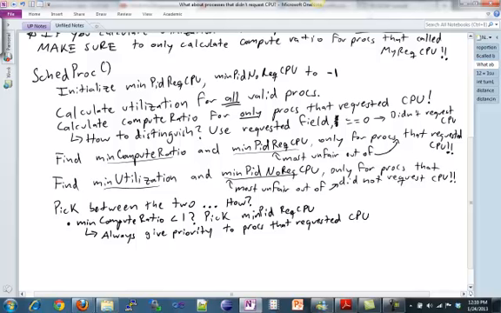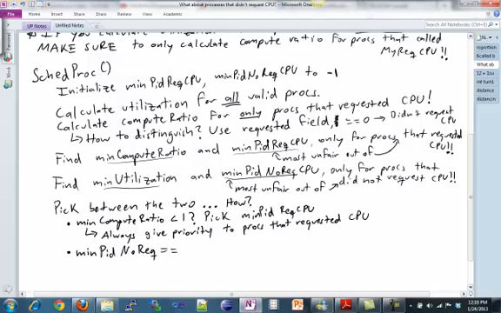Okay? What's another case? Alright, so if the compute ratio is greater than or equal to 1, that means that the most unfair process has gotten either exactly what it asked for or a little more. So that means that all the processes that requested are pretty good. They're pretty happy. So now we can go ahead and look at the ones that didn't request CPU. But what if there wasn't any that didn't request CPU, right? We never went into this part. We never had to find the min utilization because all of our processes requested CPU.